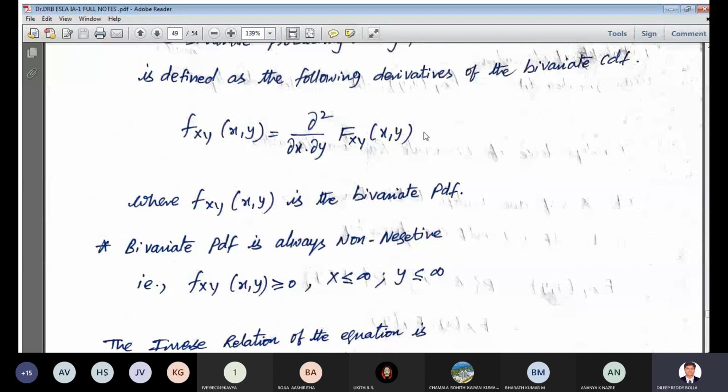If we take the derivative of that, we get the PDF. But the derivative here is two-dimensional, with respect to x and y, which is dou by dou x into dou by dou y, so indirectly dou square by dou x dou y. As we have two components, x and y, it will be dou square by dou x dou y.